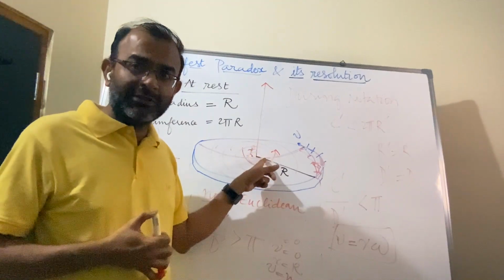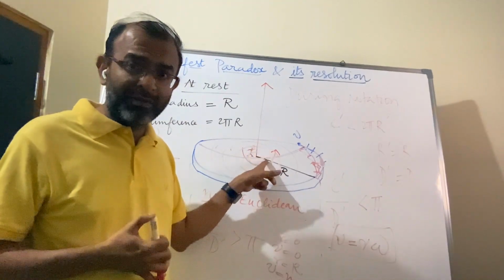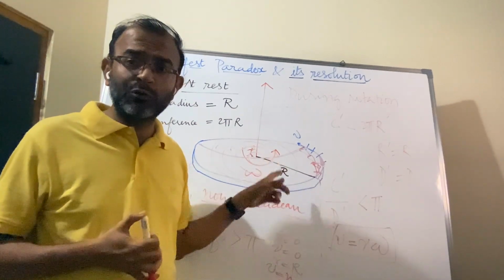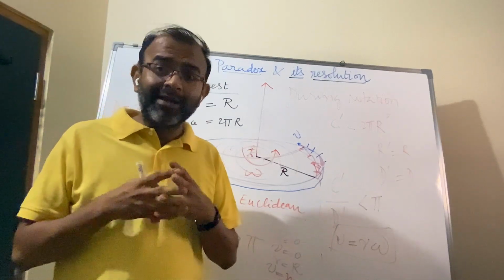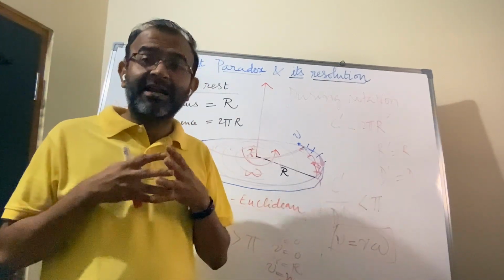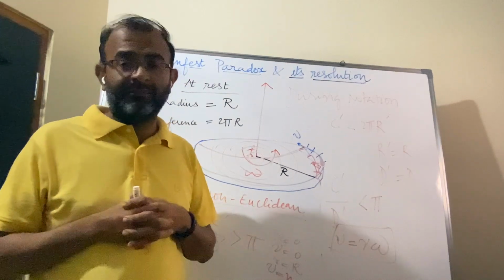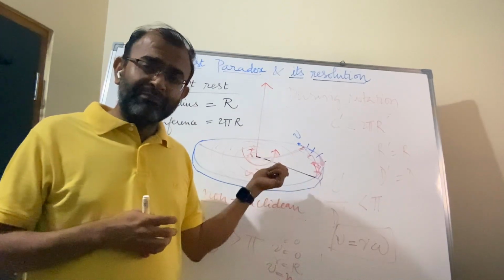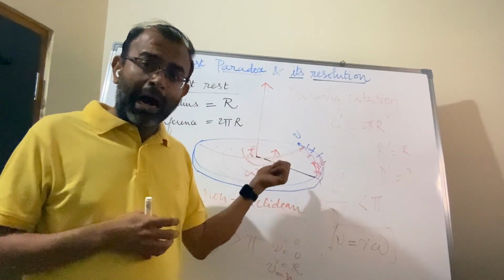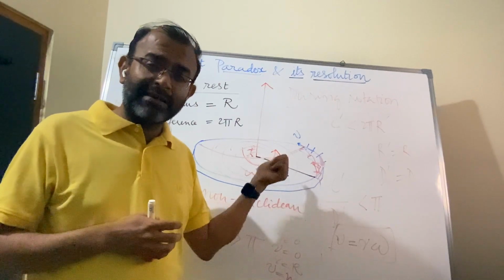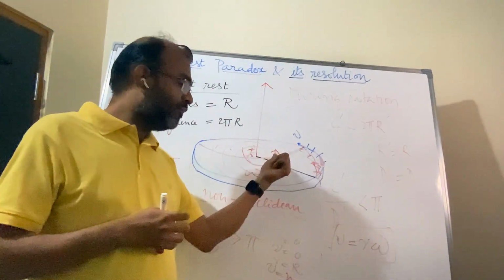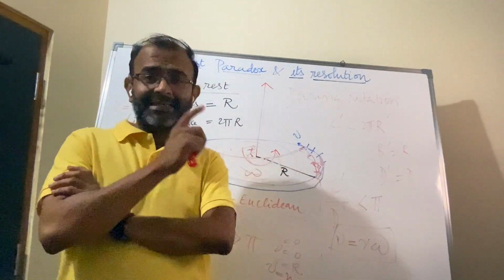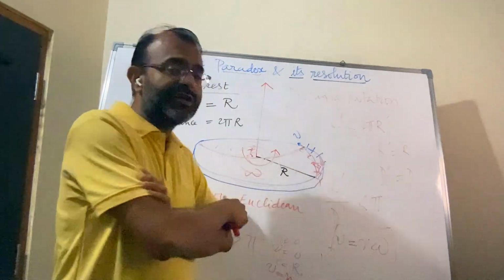And those clocks, if you try to synchronize with any clock carried by inertial observers, it is impossible to synchronize these two clocks, at least according to the Einstein clock synchronization criteria. Einstein also told that it is impossible to agree upon simultaneity of events for the observers on this frame of reference. So one cannot assign a frame of reference to this rotating object.